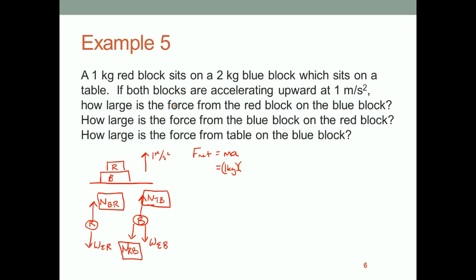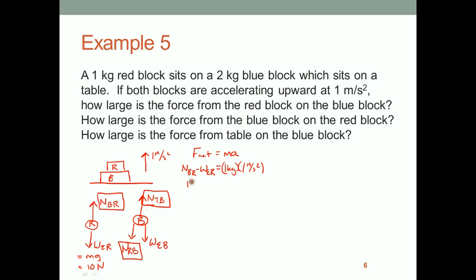The acceleration is 1 meter per second squared. And writing it in terms of the applied forces, the weight, remember, is mg. So that's 1 kilogram times 10 meters per second squared, so that's 10 newtons.